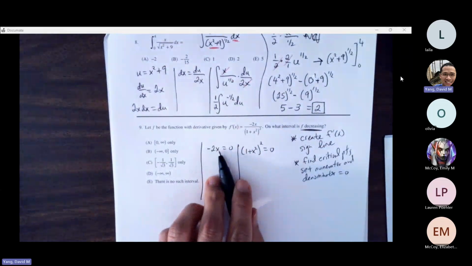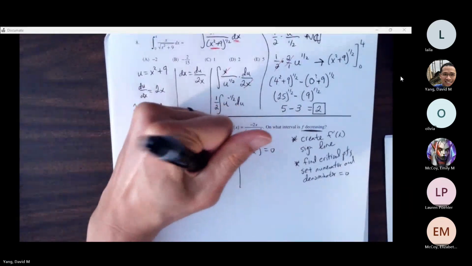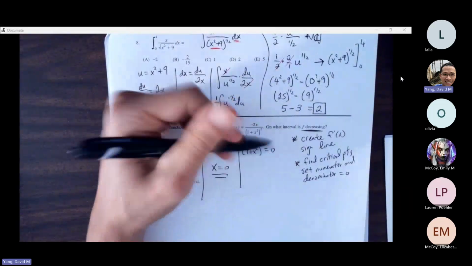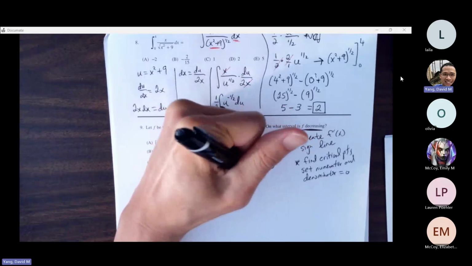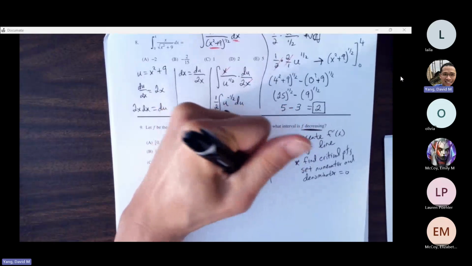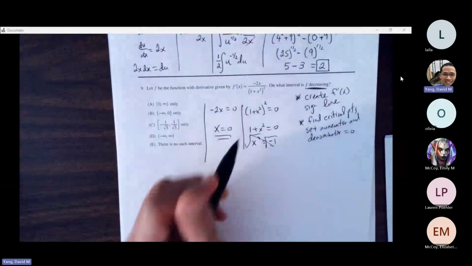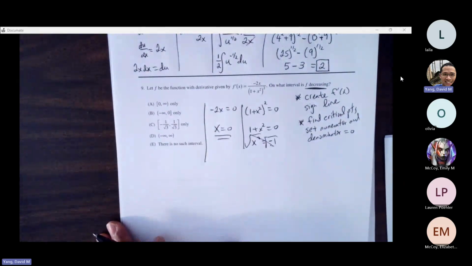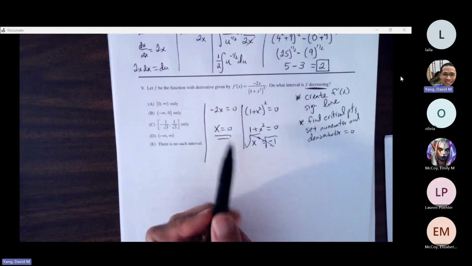So here, I'm going to get a critical point of 0, dividing both sides by -2. Here, if I take the square roots, I get 1 plus x squared is equal to 0. x squared equals -1. Take the square root, and we can't take the square root of negative numbers, so there's no critical point. There's no real solution there. So the only critical point that we have is going to be at 0.